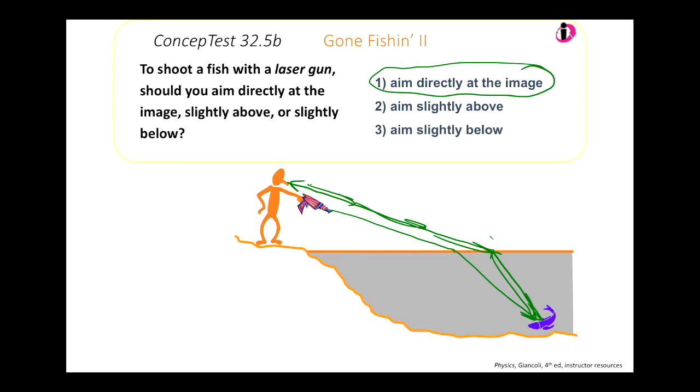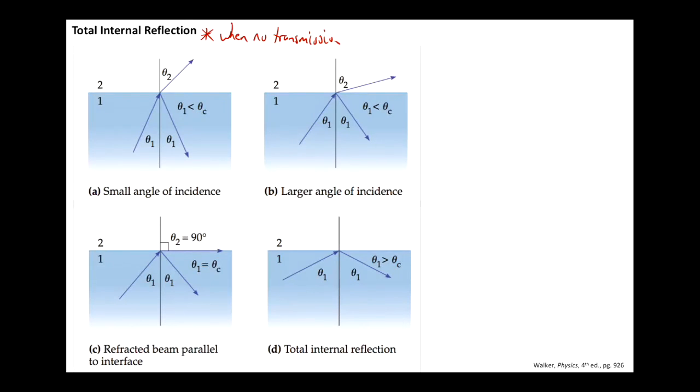So finally, total internal reflection. Total internal reflection is when there is no transmission into the second substance. What we saw on side B of our example problem. First of all, this can only occur when the light is traveling from higher to lower index of refraction.